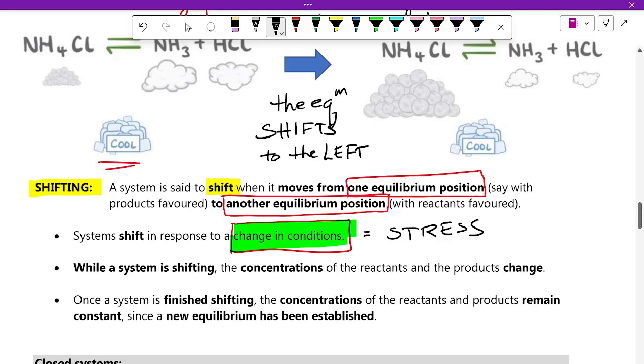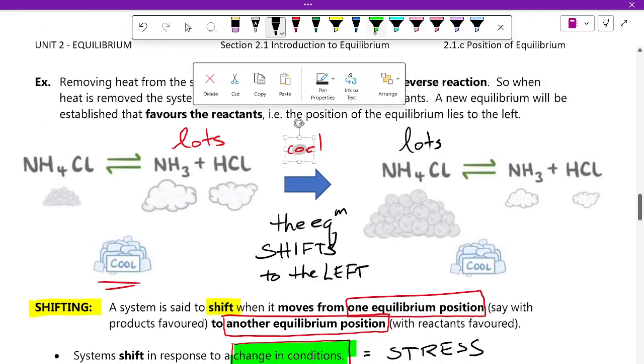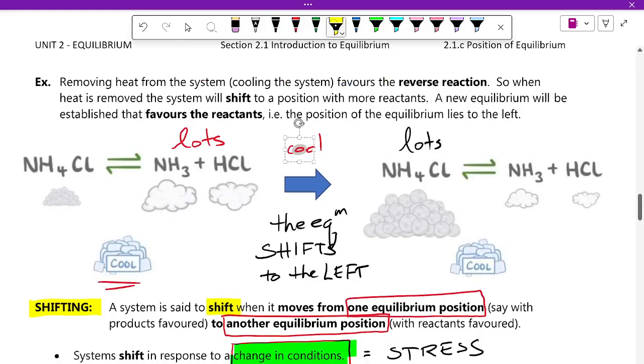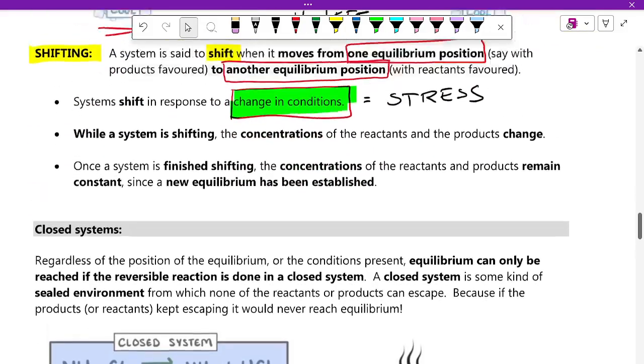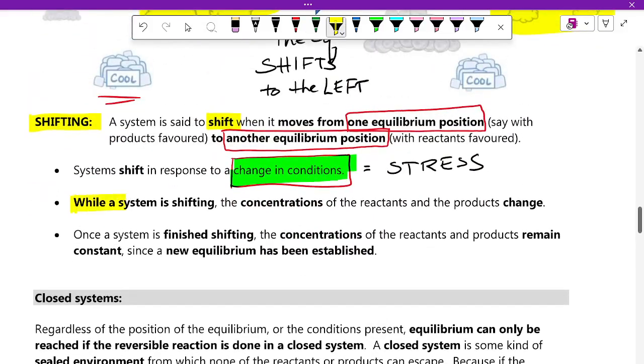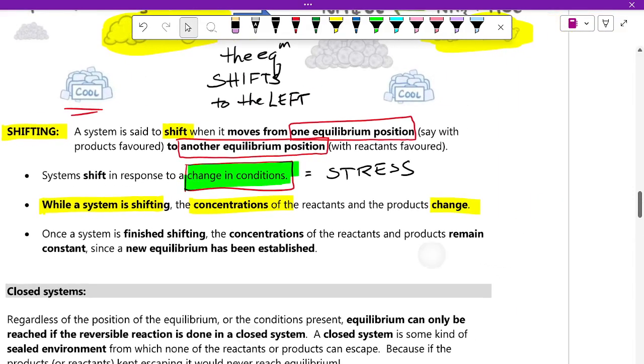While a system is shifting, are the concentrations staying the same or are they changing? To get from here to here, during the shifting process, were the concentrations staying the same or were they changing? They were changing, okay? So while the system is shifting, the concentrations are changing. Are we at equilibrium while we are shifting? No.